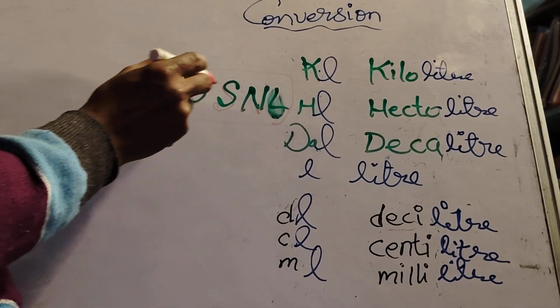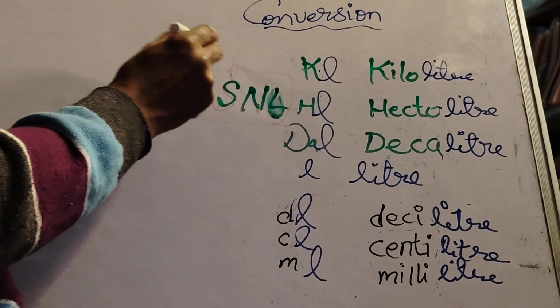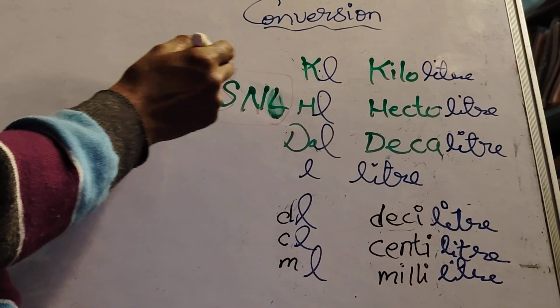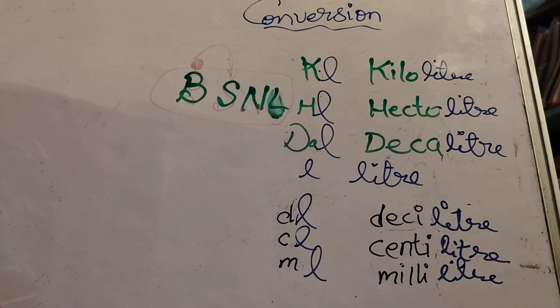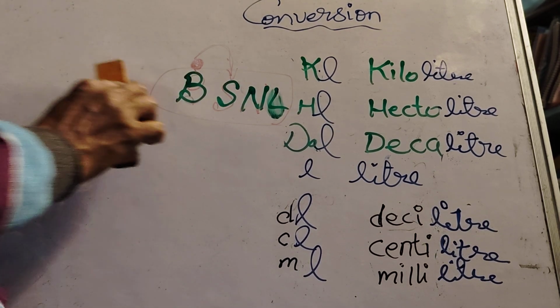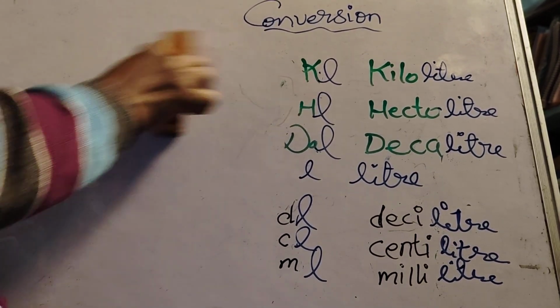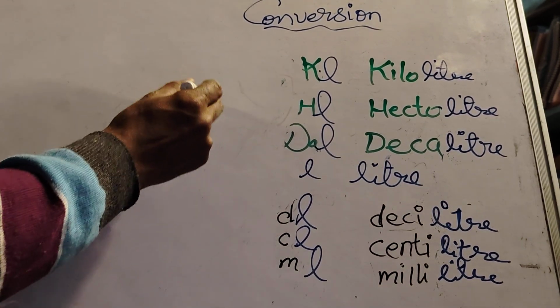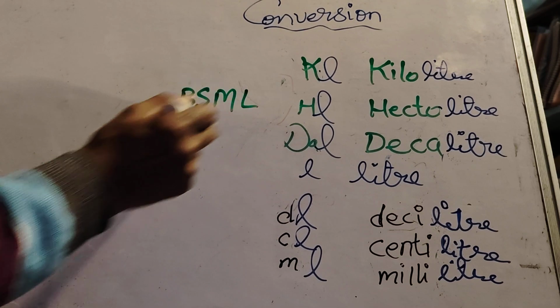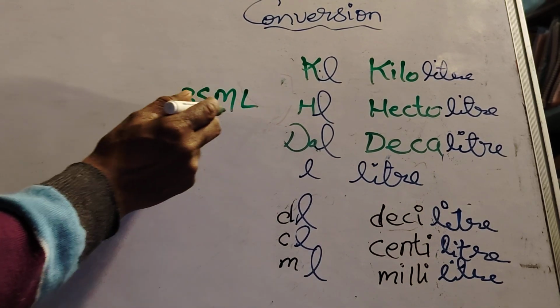If we go from bigger to smaller, then we multiply. So instead of BSNL, we can remember BSML, a new company. Okay, this is the learning trick.